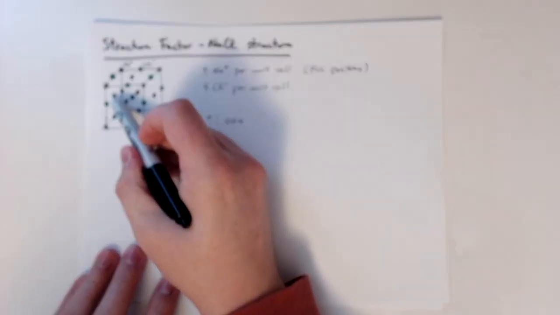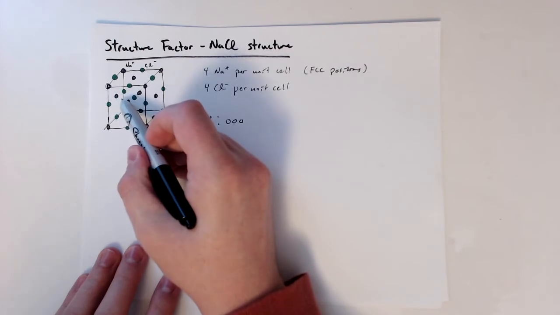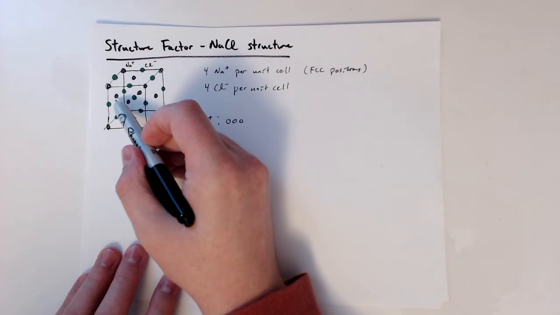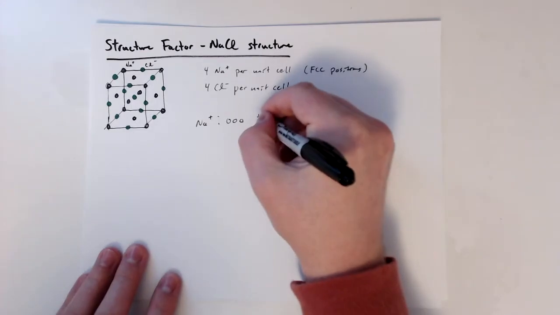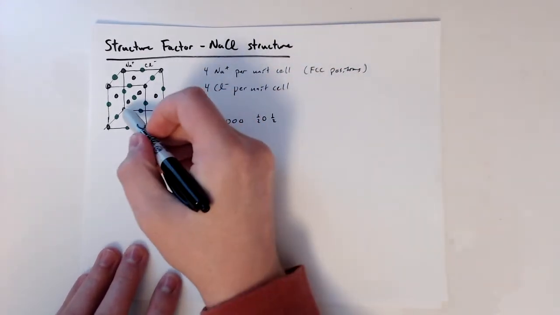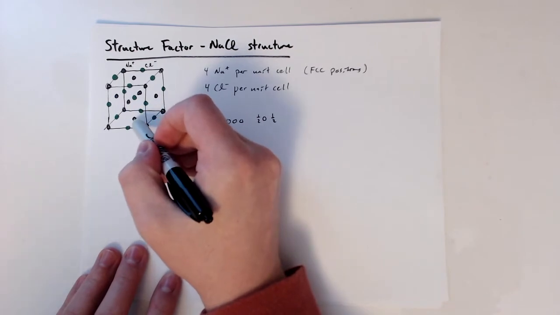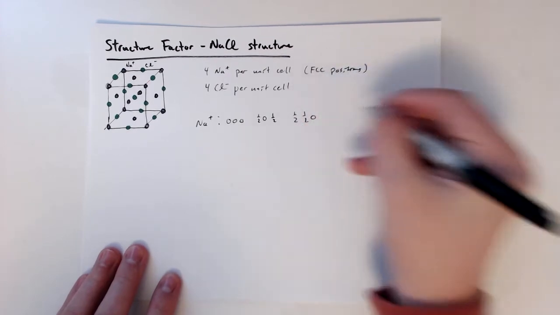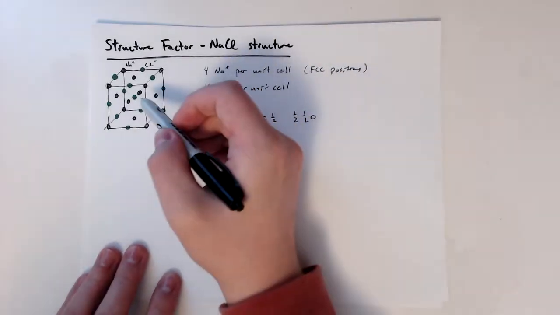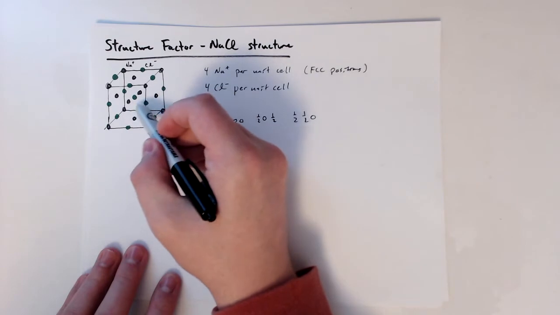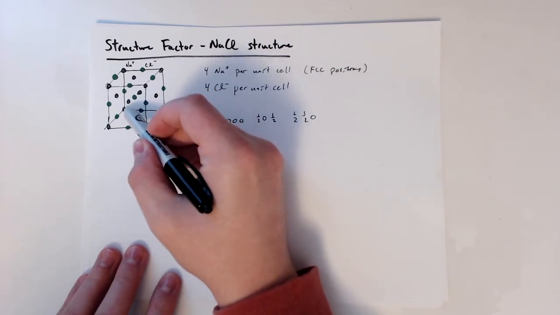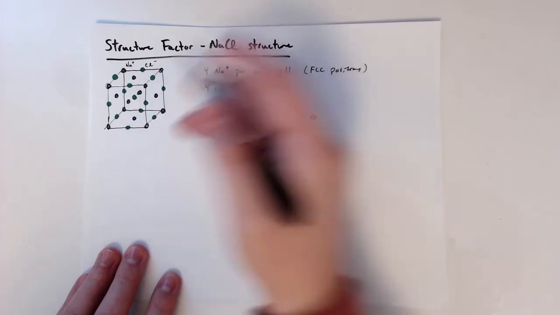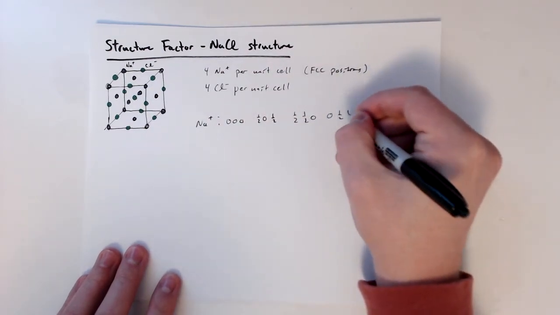So if we look at the position here, this is 1/2 in X, 1/2 in Z. So that would be 1/2, 0, 1/2. The one down here would be 1/2, 1/2, 0. And then you can pick another one, so we could pick the back corner, and that would be 1/2 in the Y, 0 in the X, 1/2 in Z. So 0, 1/2, 1/2.